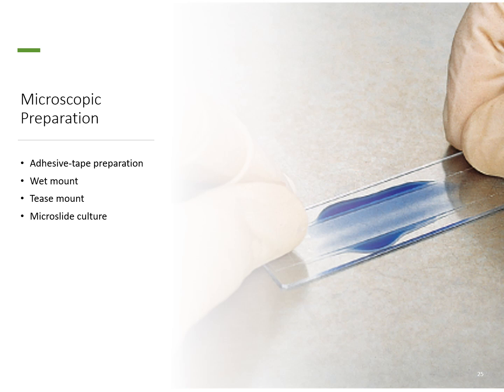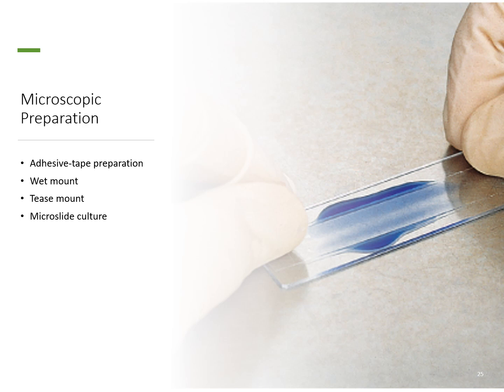And what it's going to do is pick up some of those fungal elements, and then you would place that on a slide that has a drop of the lactophenol cotton blue, and you will tape that piece of tape down, and that lactophenol cotton blue helps to give a better visualization of the vegetative form of the fungus.